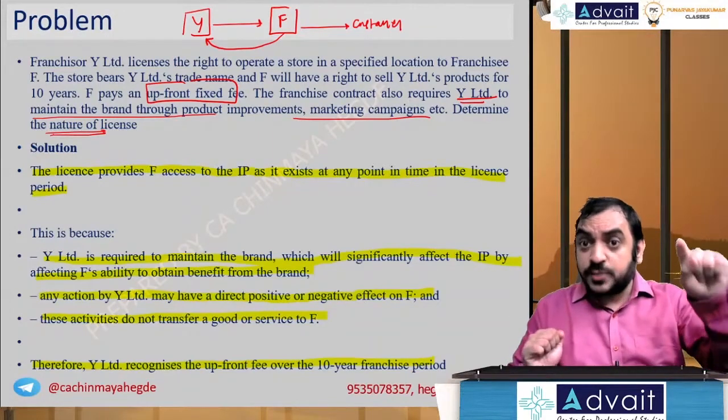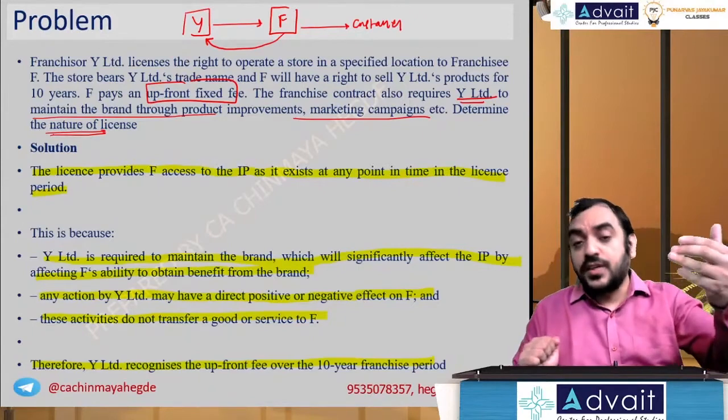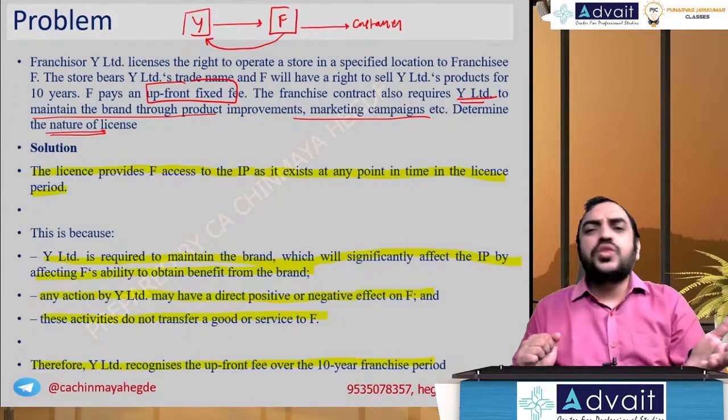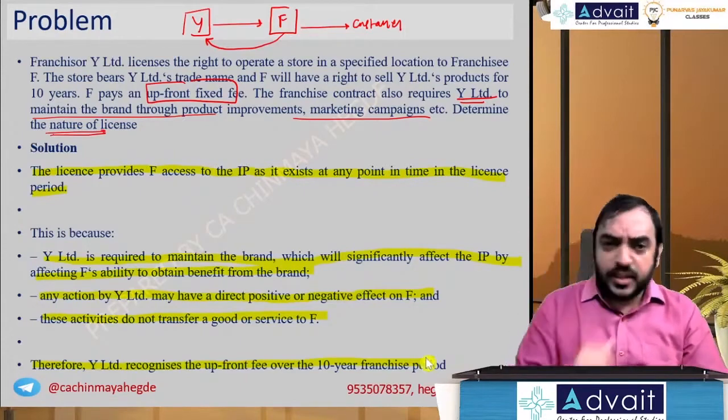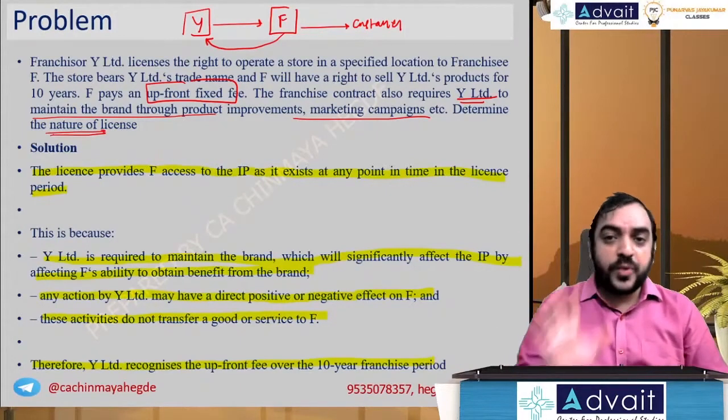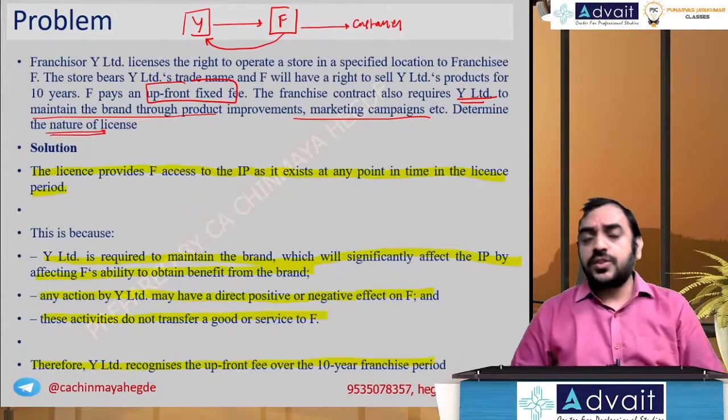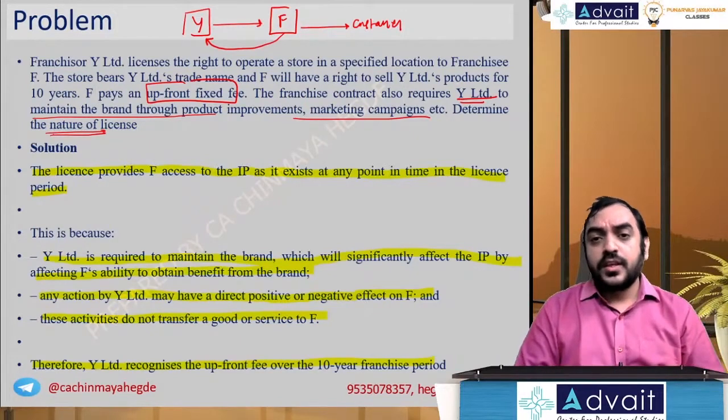And they are expected to do some continuous activities. If they are not expected to do some continuous activities, then you can say it is recognized immediately in the main company. I hope you understood the overall framework, overall point of view.